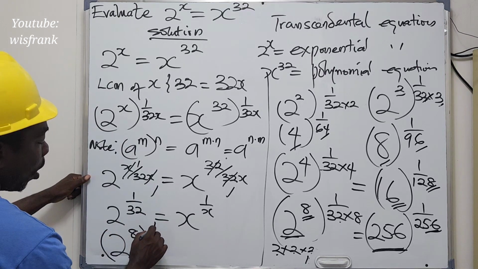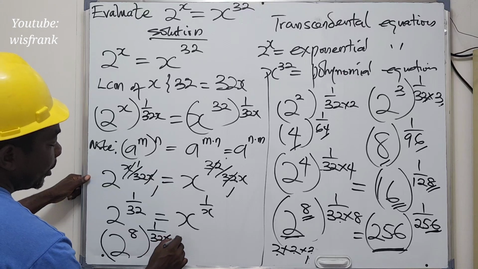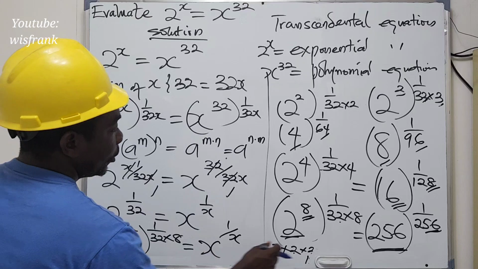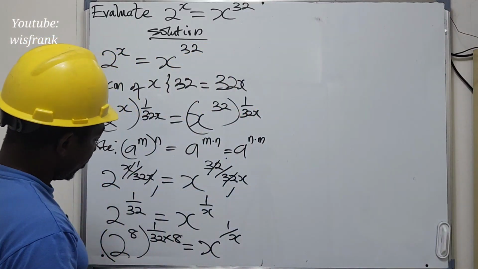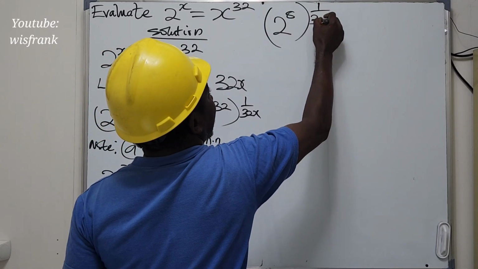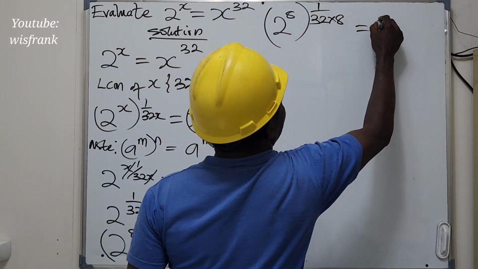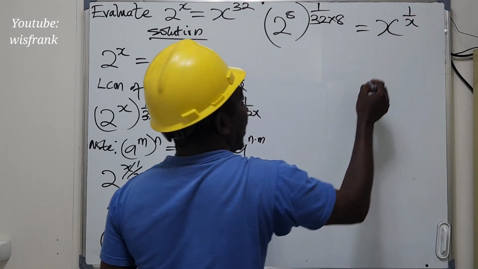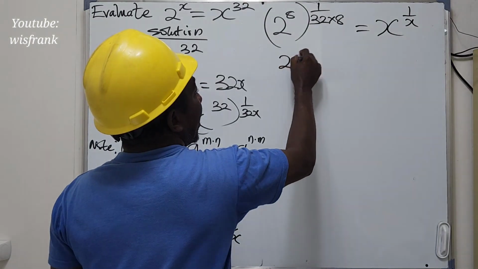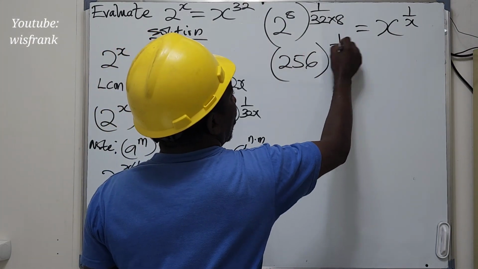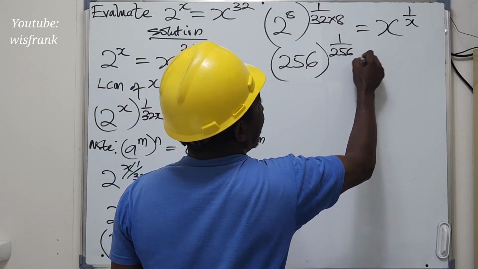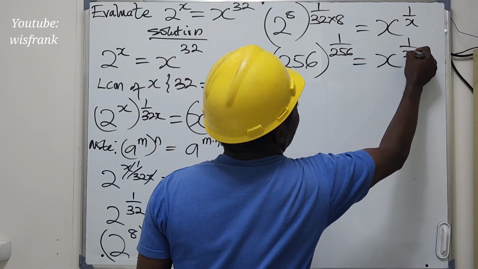Then we have 1 all over 32 times 8 equals x to the power of 1 all over x. So we need to clean this. So now, as we said, we have 2 to the power of 8 all to the power of 1 all over 32 times 8 equals x to the power of 1 all over x. So we can see that 2 to the power of 8 is the same thing as 256, all to the power of 1 all over 32 times 8, as we said before, is 256 equals x to the power of 1 all over x.